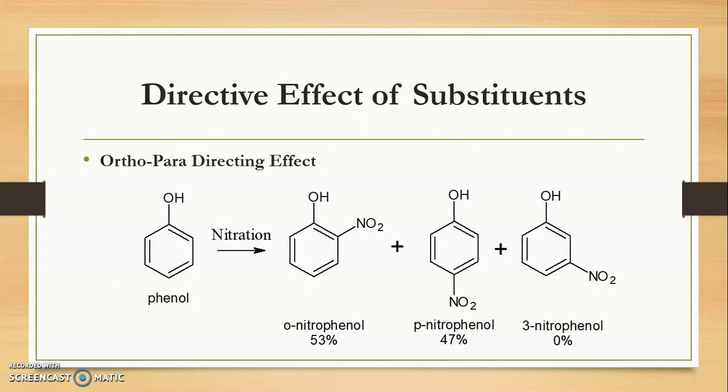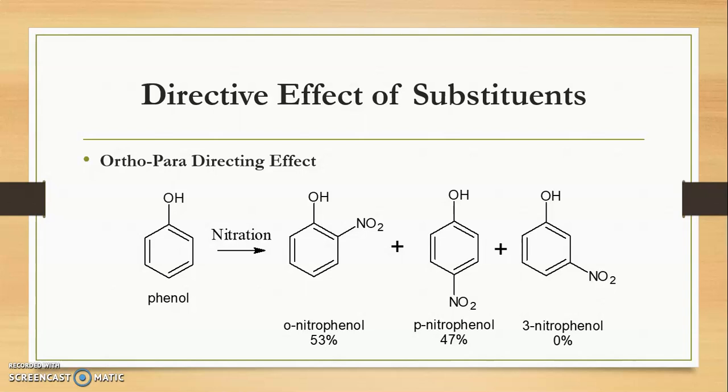But practically this does not happen. When we perform the electrophilic substitution reaction of a monosubstituted compound, either we will get the ortho-para substituted product or we will get the meta substituted product, depending on which substituent is present on the benzene ring.